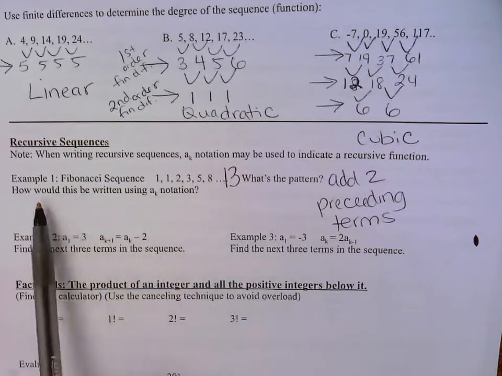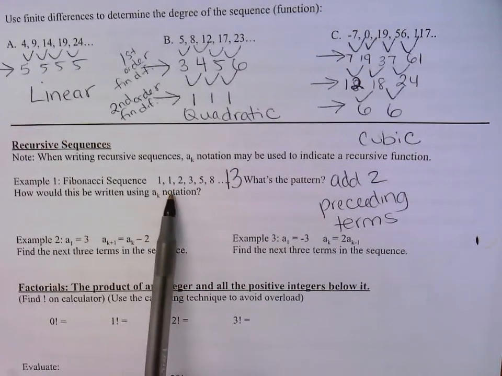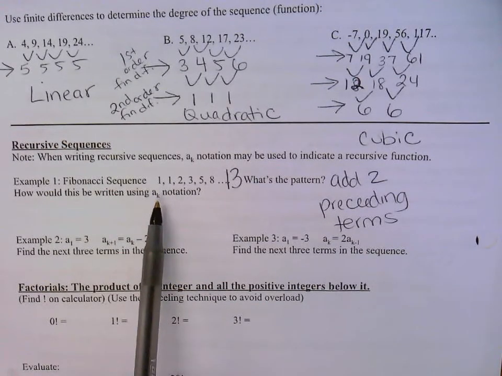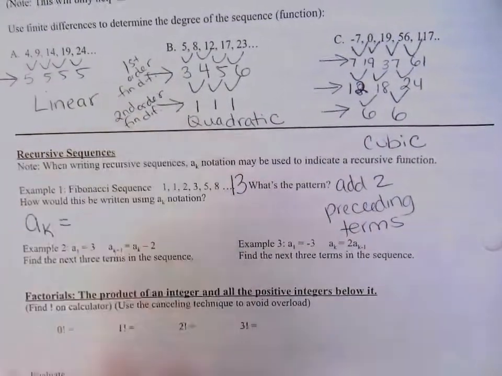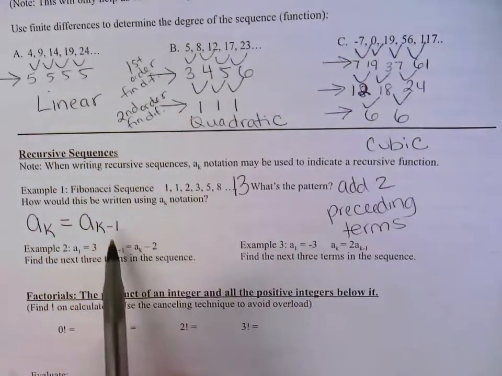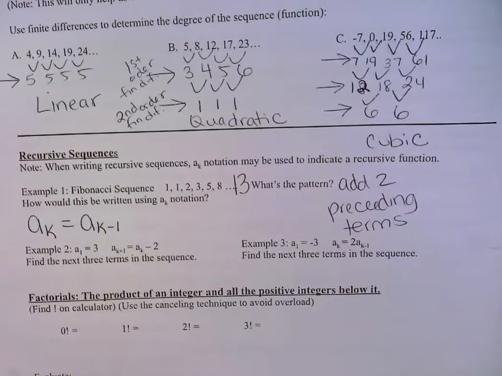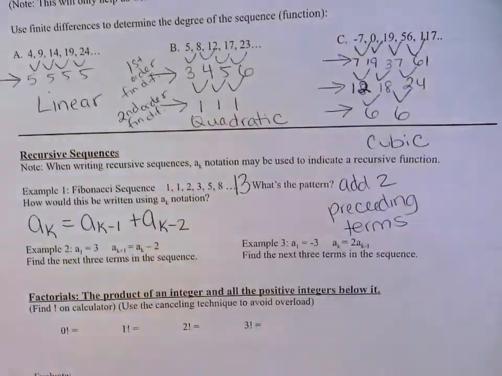So it says, how would this be written using a sub n or a sub k notation? They're using k because it's recursive, but you could still say a sub n. So the way you would write it is a sub k. How do I get the term I want? I take the term that comes before it, a sub k minus 1, and I add the term that came before that, a sub k minus 2.